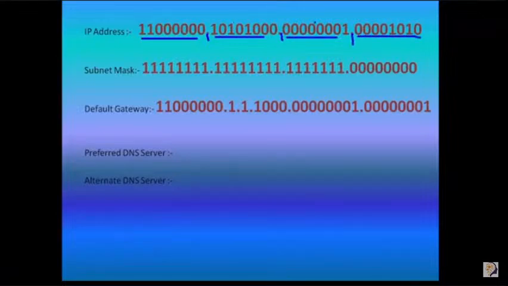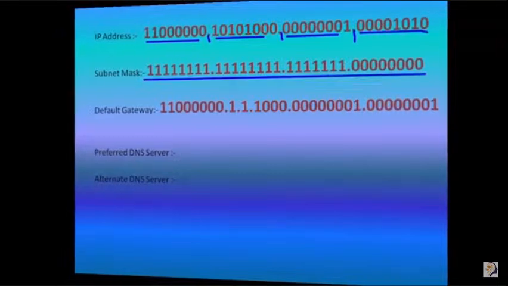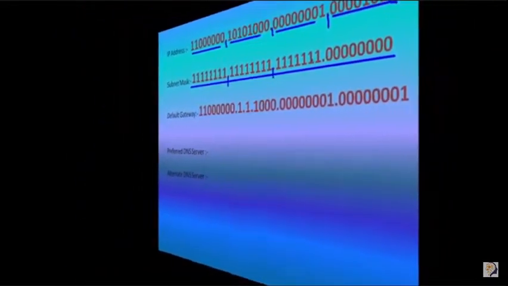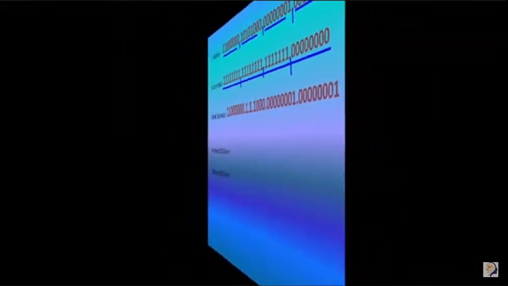So 8 plus 8 plus 8 plus 8 is 32 bits. It is the same for the subnet mask: 32 bits, 8 bits separated by a decimal point, collection of 32 bits.